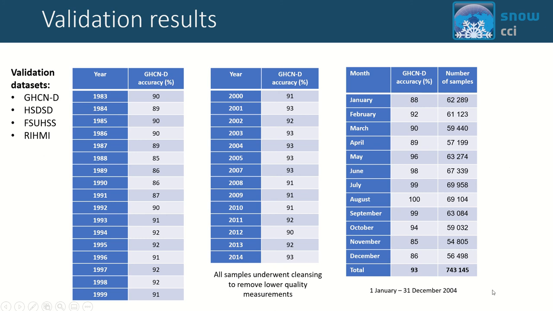And we have also shown accuracy on a monthly basis for 2004. And you will see that in the spring, the accuracy is typically highest when we have a good contribution from optical sensors. It's somewhat lower in the dark period. And we are typically obtaining an accuracy between 90 and 93% for most of the time period of this time series.